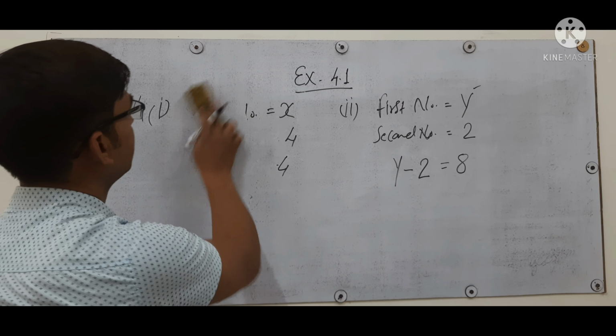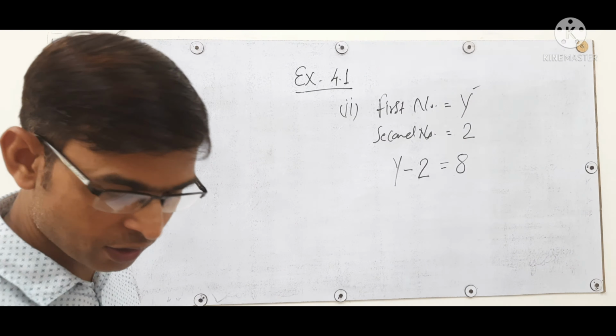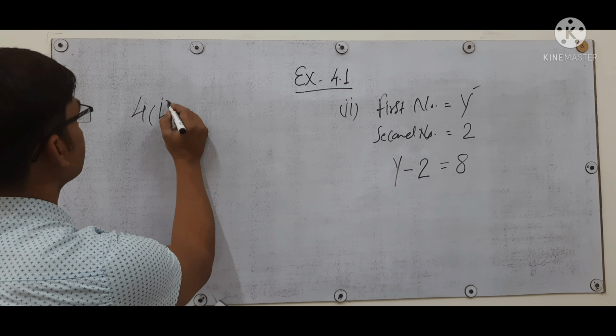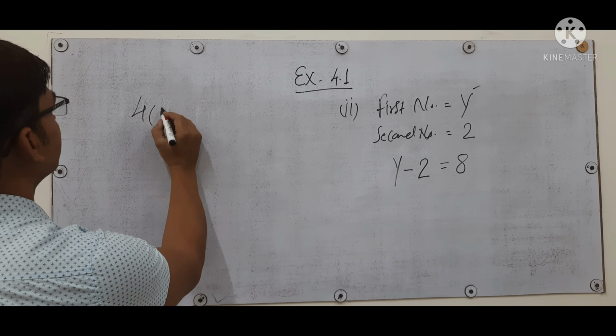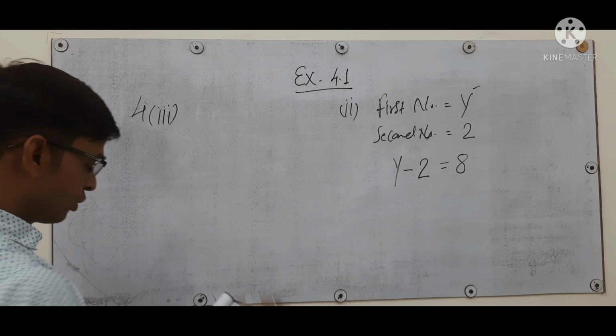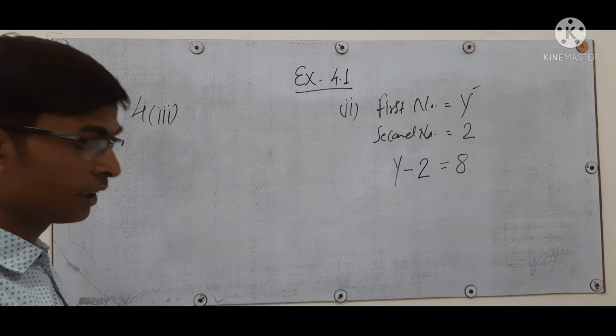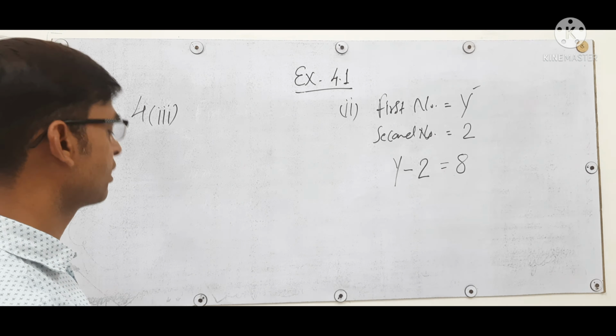Okay, now we will write another solution, just as we did for part 3 also. Part 3 is 10 times a is 70.